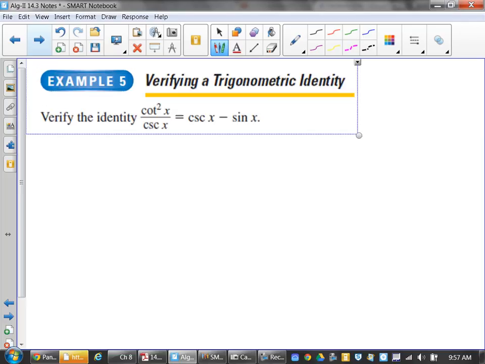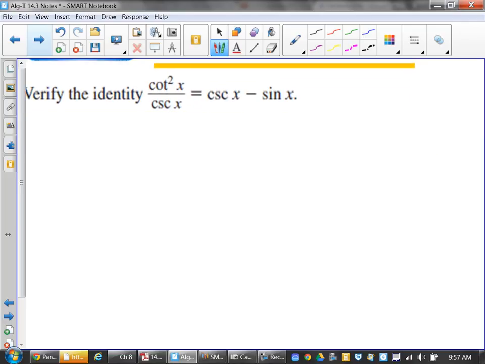All right, let's verify this. Cotangent squared over cosecant is going to be equal to cosecant minus sine. Here's a little trick. Notice how it's going from a single fraction to two terms.